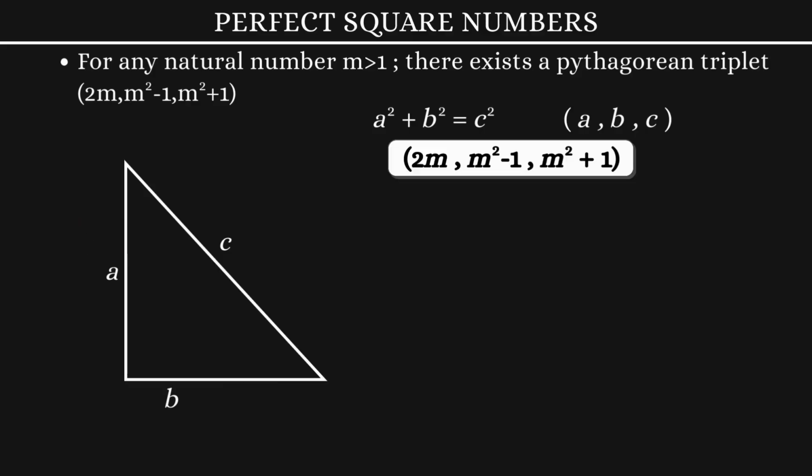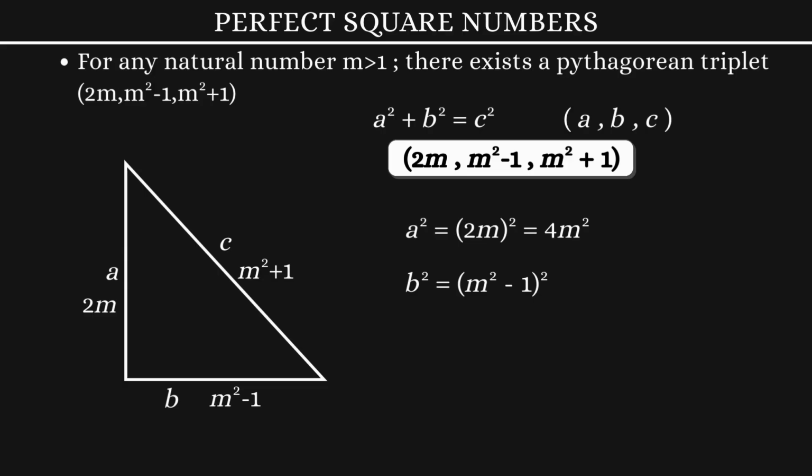According to our property, we have a is 2m, b is m squared minus 1 and c is m squared plus 1. On squaring, we have a squared is equal to 2m the whole squared, which is 4m squared. b squared is m squared minus 1 the whole squared, which becomes m to the power of 4 minus 2m squared plus 1.